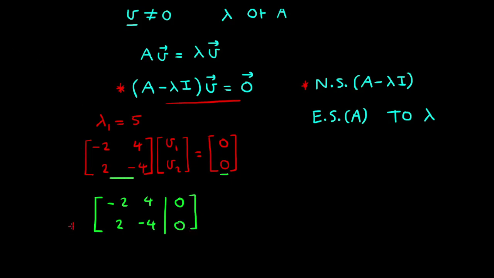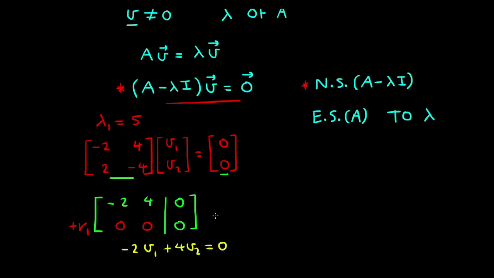And therefore if we add row 1 to row 2, we get zeros in the bottom row. And therefore our solution is minus 2v1 plus 4v2 is equal to 0.